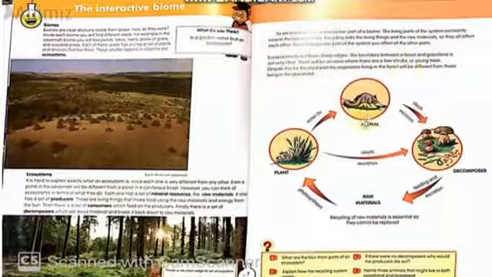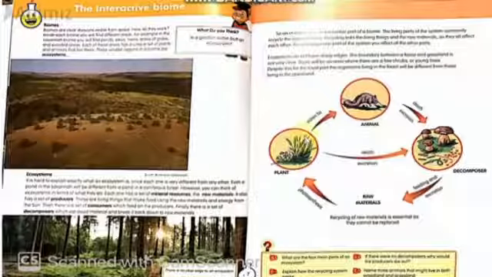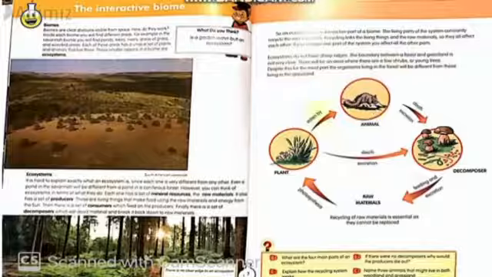For example, when a plant, which is a producer, is eaten by an animal or any living organism.